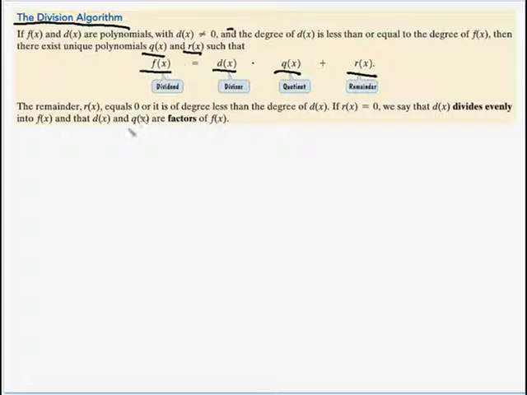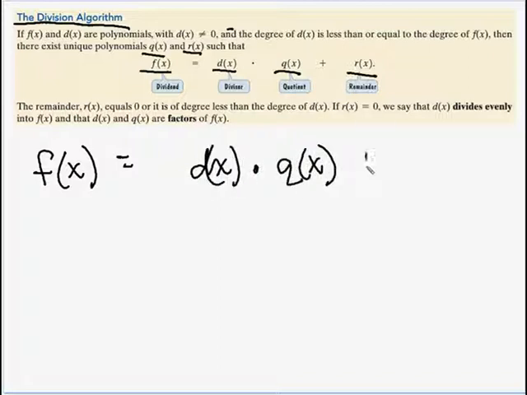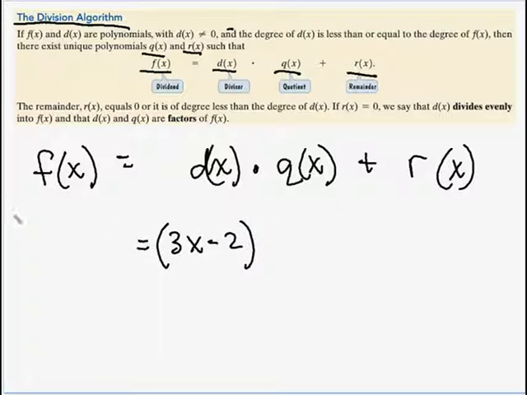In the last example, and let me write this out here again, f of x equals d of x times q of x plus r of x. From our last example, if you check with your notes here, our divisor was that 3x minus 2. What we were dividing that by was the bigger one.